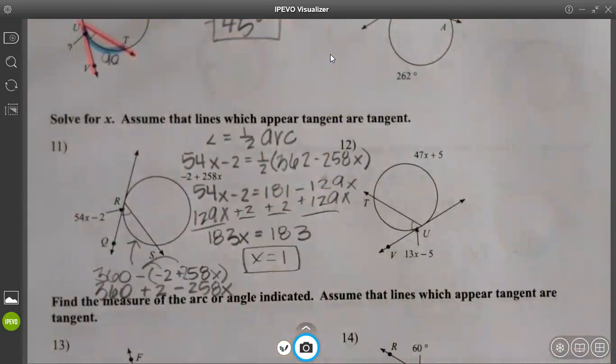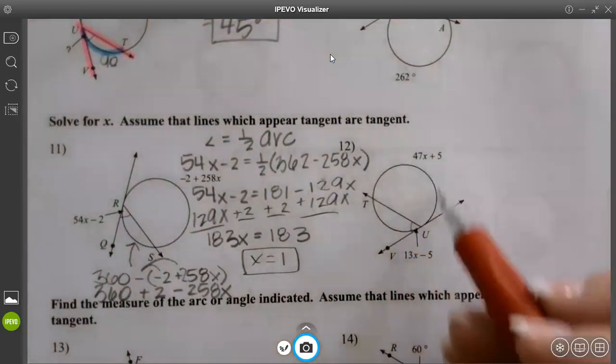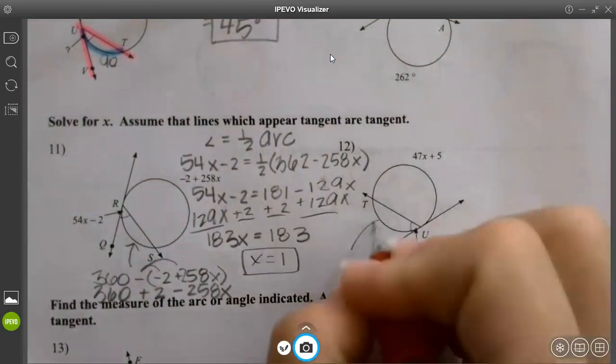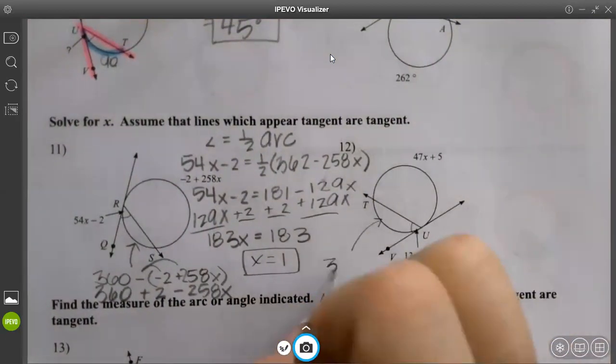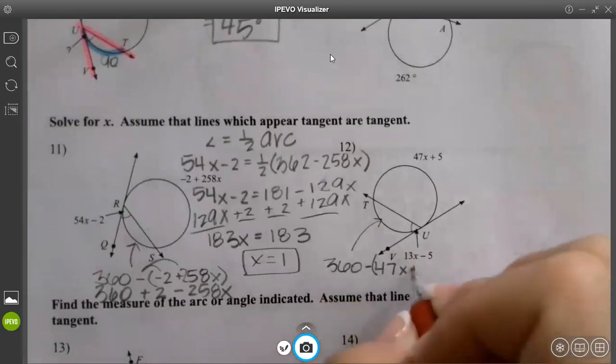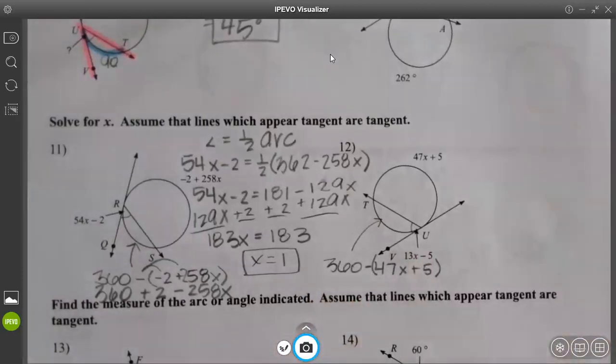Do we need to do another one of those? Okay. Same thing here. Your arc is 47x plus 5, but I don't need that. I need this one. So to get that, we're going to subtract it from 360. We're going to distribute that negative.